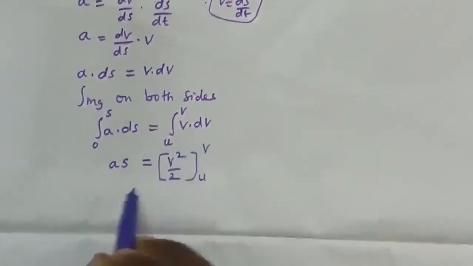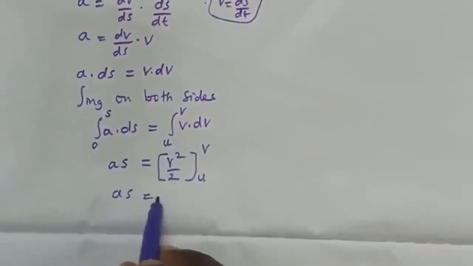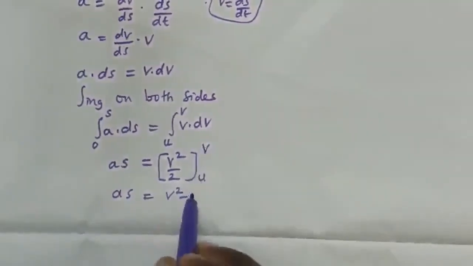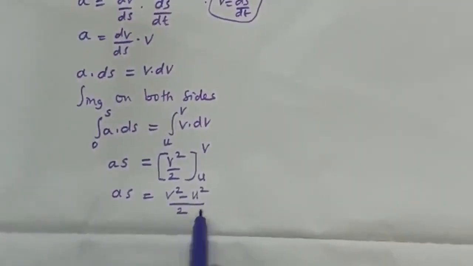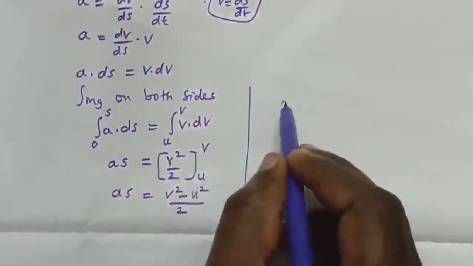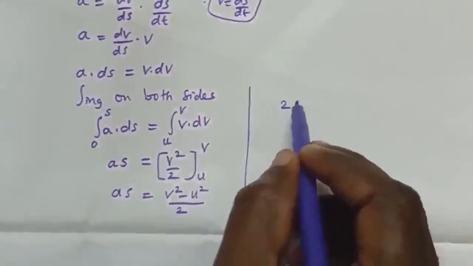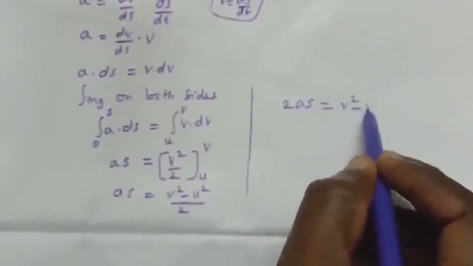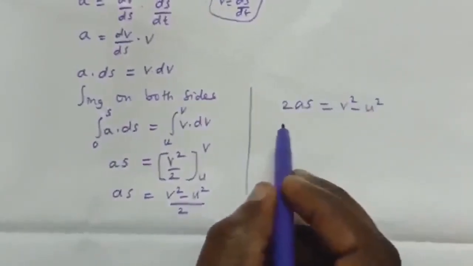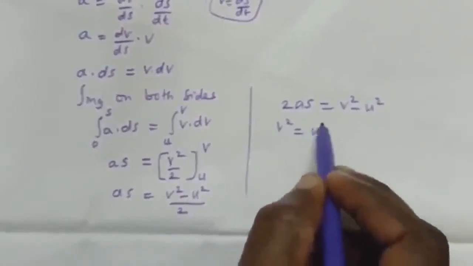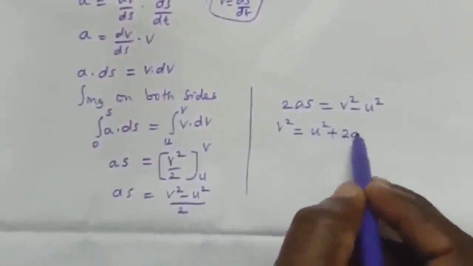Therefore as is equal to v square minus u square divided by 2. Similarly 2as is equal to v square minus u square. Therefore v square is equal to u square plus 2as.